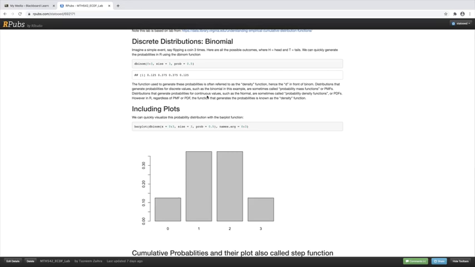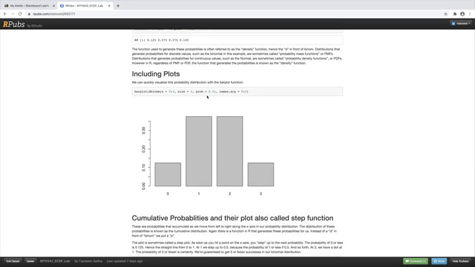Distributions that generate probabilities for continuous values, such as normal, are called probability density functions. However, in R, regardless of PMF or PDF, the functions that generate these probabilities are known as density, so you will always see a d in front of the short form of the name of the distribution, like dbinom, dnorm, dchisq, stuff like that in R. That's what the nomenclature in R is.